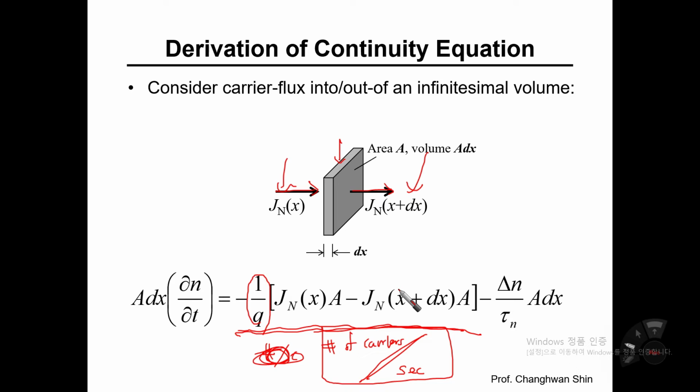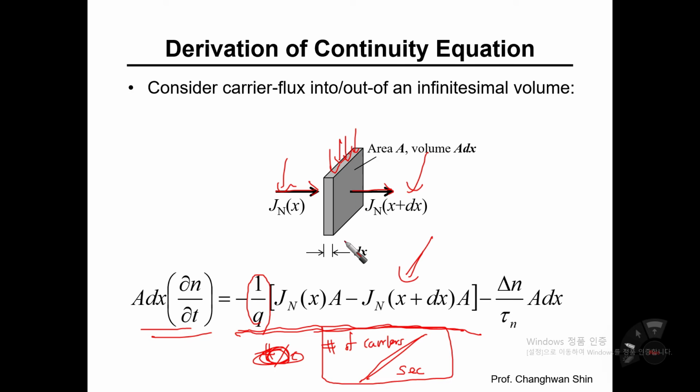While building up the continuity equation, this first term would be good enough to be matched to the terms on the left hand side, but unfortunately that's not always true, because some events can happen within this volume.